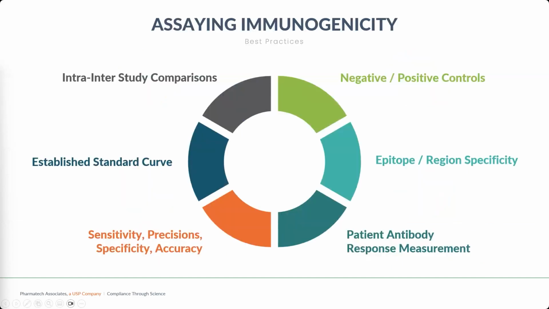A comment about assaying immunogenicity, right? And we talked a little bit about this before, but we'll revisit it for a moment. Number one, we want to make sure that our study comparisons are appropriate and valid, which is to say we always want to go back to our reference material and compare performance of that reference material against the biosimilar. We always want to have positive and negative controls.